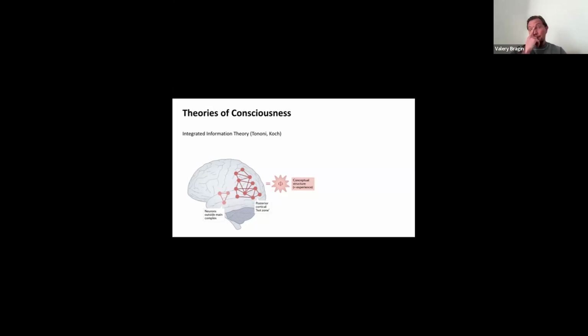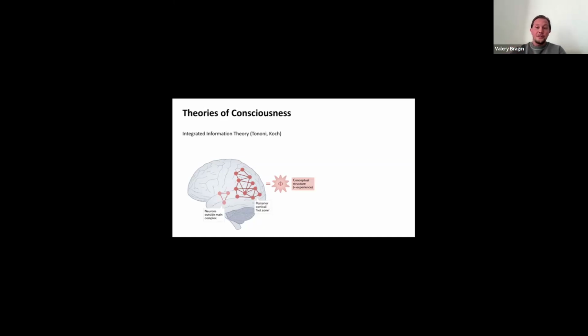And the theory then gives a mathematical quantity, phi, which is supposed to measure how much irreducible cause-effect power on itself a system has as a whole, above its parts.